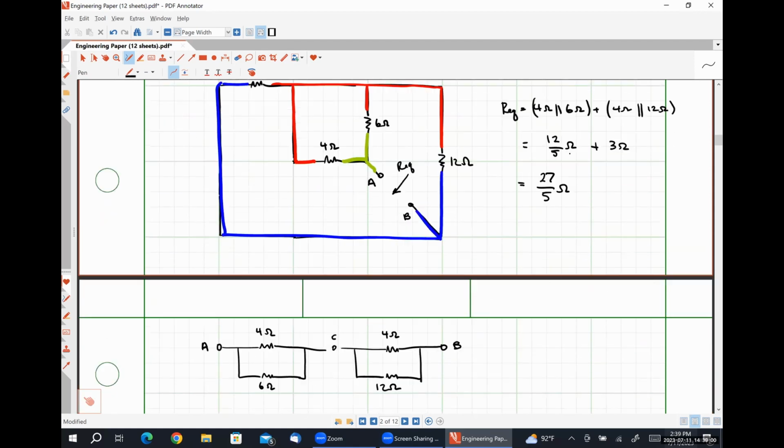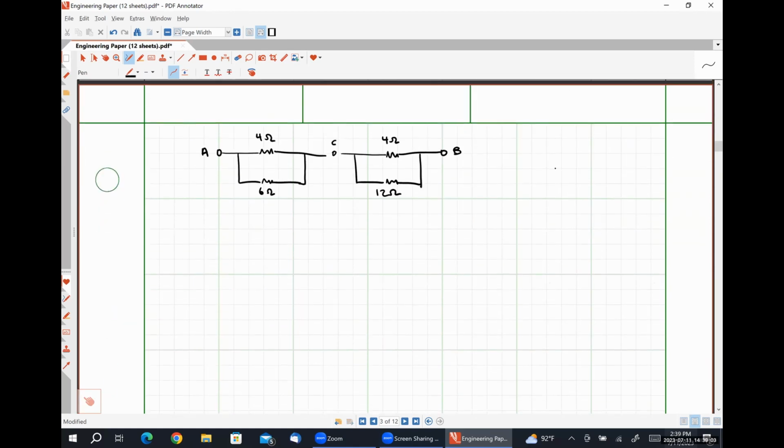Now we're ready to wrap things up, which brings us to step number 5. Plug stuff in to our generic equation.